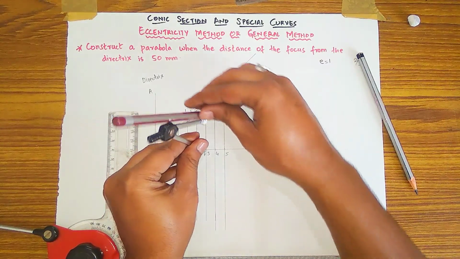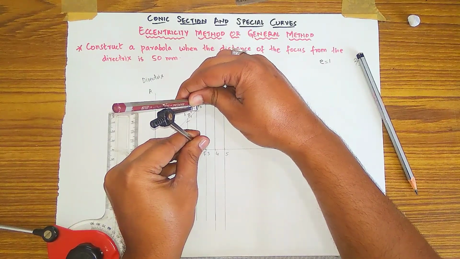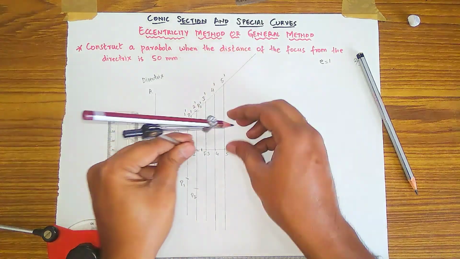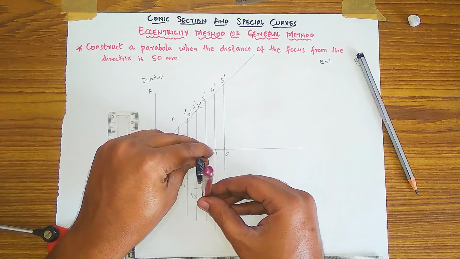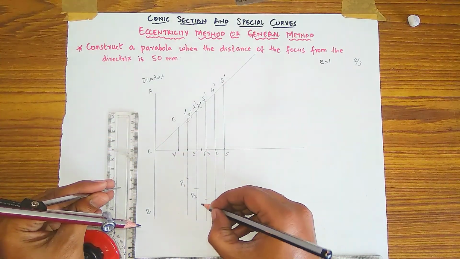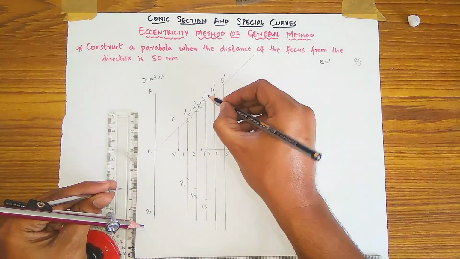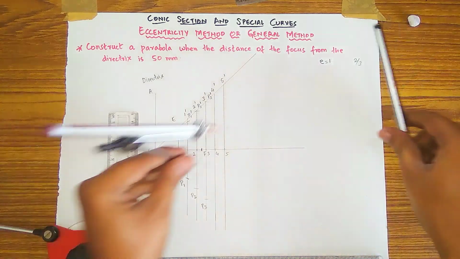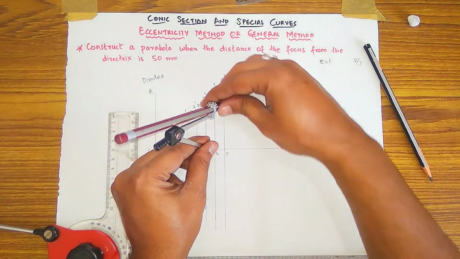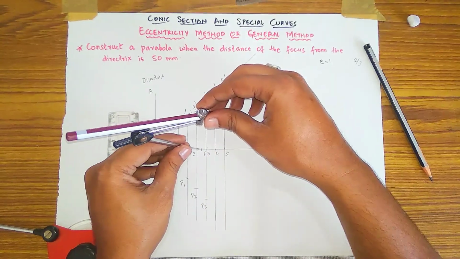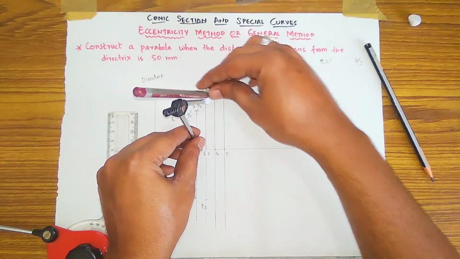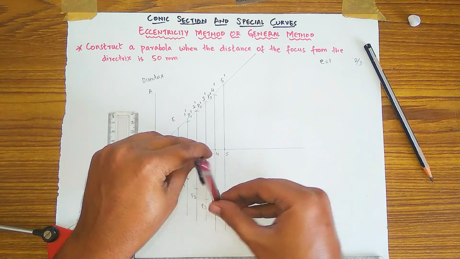Then 3: measure 3 to 3 dash, keeping on F, take an arc. This will be P3 dash. Then 4 to 4 dash, measure, keeping on F, take an arc.